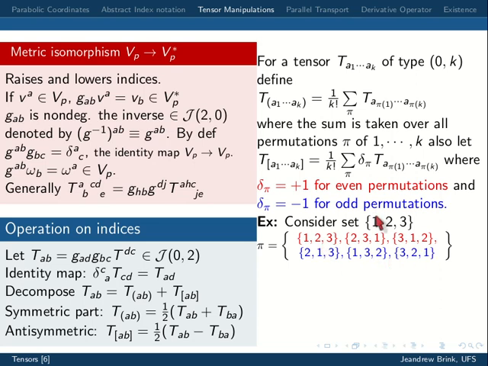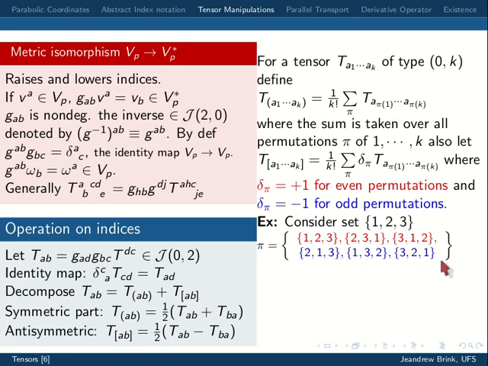So what the symmetrized expression basically means is 1 over 6 times T A1, A2, A3 plus T A2, A3, A1 plus T A3, A1, A2 plus T with all those slots put in.